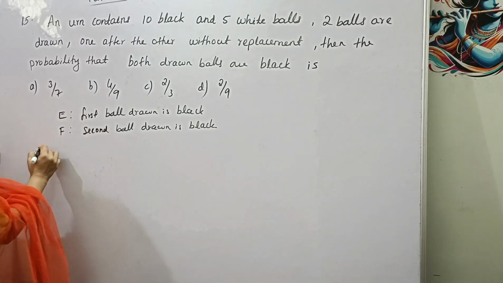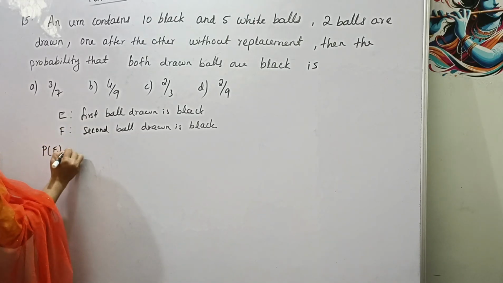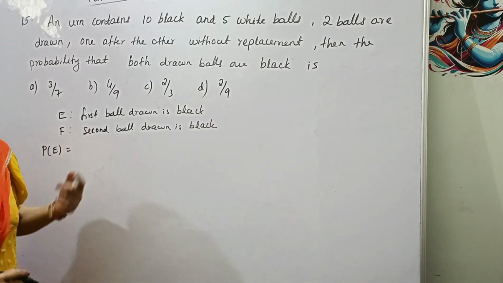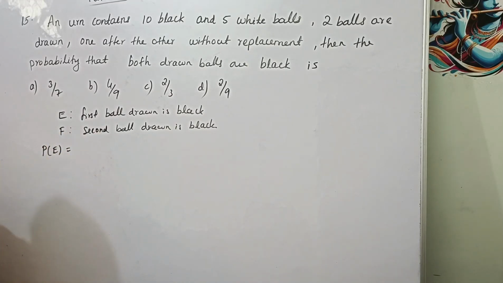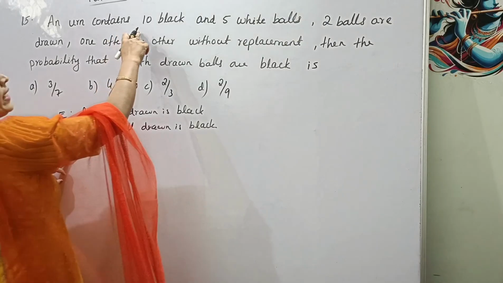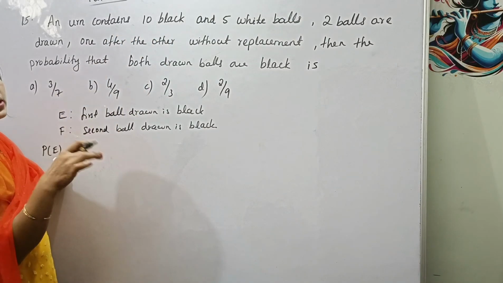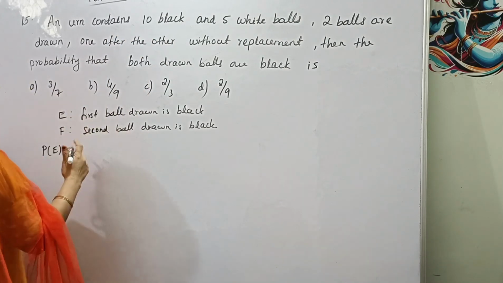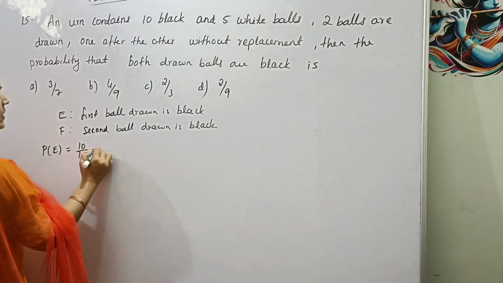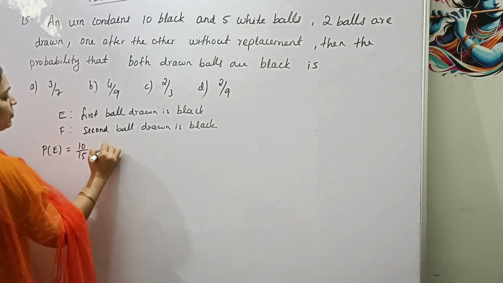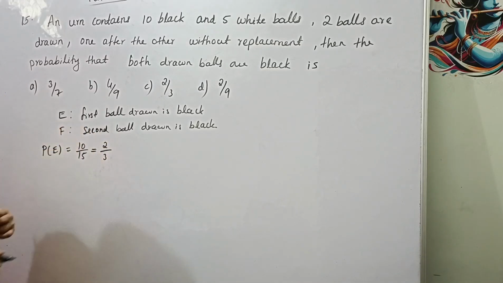So what is the probability of E? E is the event first ball drawn is black, right? So probability of E is nothing but, there are total 10 black balls out of 15 balls. So 10 divided by 15, that is 2 divided by 3.